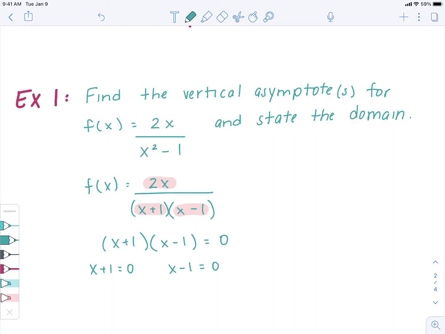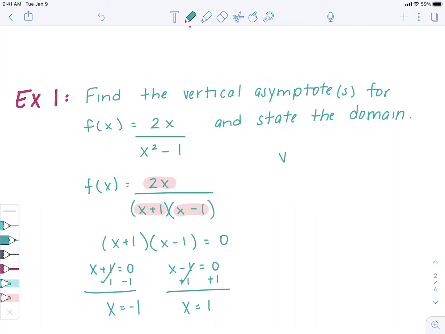And then I can just solve both of them. I subtract 1, I get x equals negative 1. When I add 1 over here, I get x equals 1.